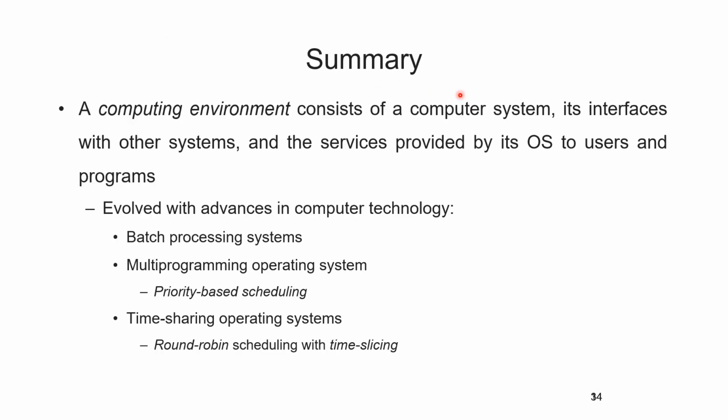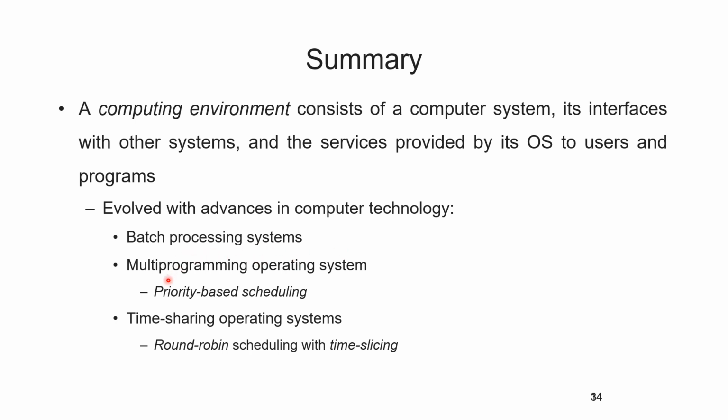In summary, in this unit we have talked about the computing environment, which consists of the computer system and its interfaces with other systems, and the services provided by its operating system to the user and to programs. With the evolution of computer technology, batch processing systems, multiprogramming systems, and time sharing systems were also discussed. In a batch processing system, the CPU time and the idle time must be reduced; that is the main motive of batch processing.